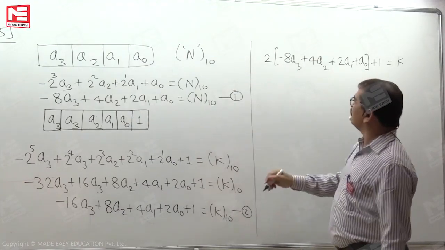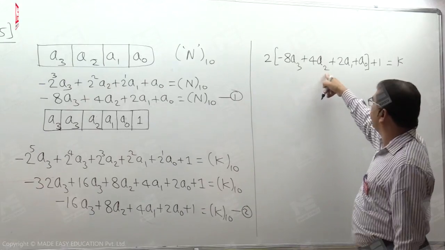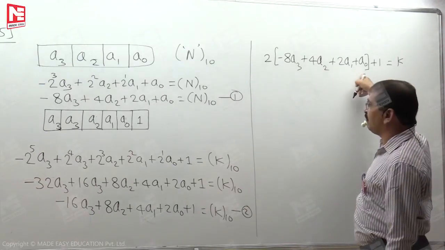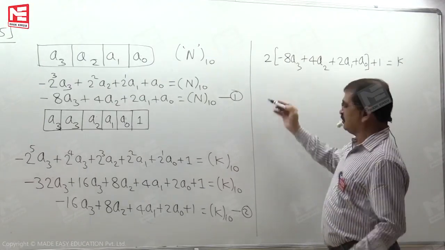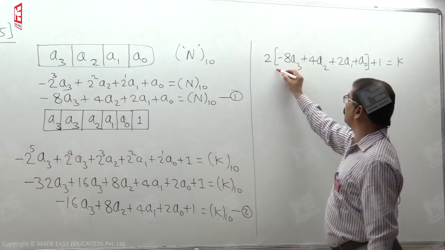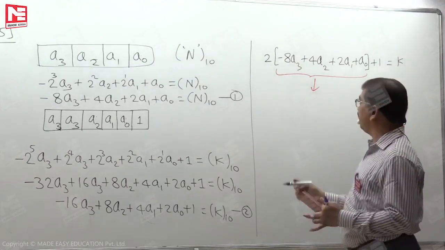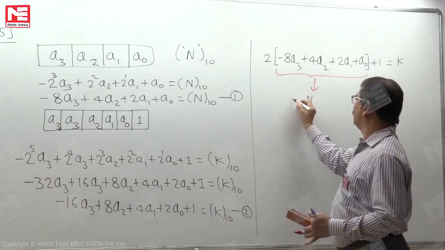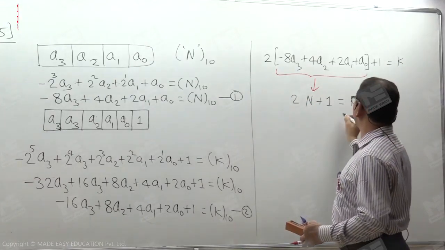From equation 1, we can substitute minus 8 A3, plus 4 A2, plus 2 A1, plus A0 as equal to n. So this total thing we substitute using equation 1 as n. So 2n plus 1 is equal to k.